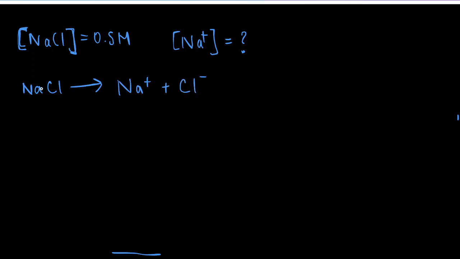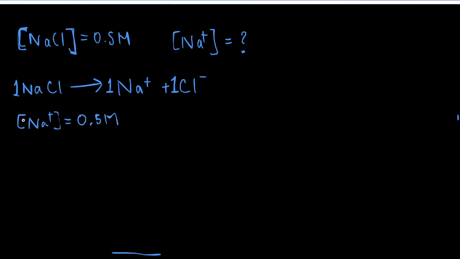That is, for every one NaCl molecule, we'll get one Na+, or one sodium ion, and one chloride ion. And so, for a 0.5 molar solution of NaCl, we'll have a sodium ion concentration of 0.5 molar as well.